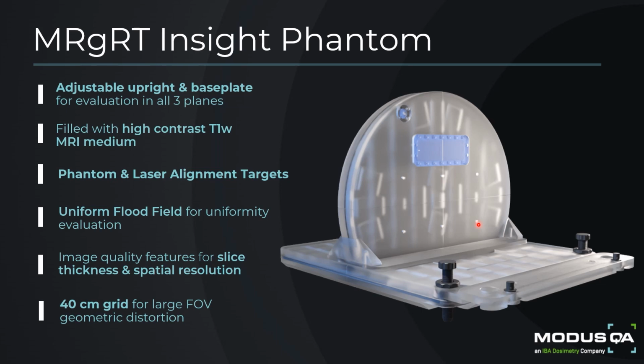This is occurring because the upright here can be moved into an axial orientation, which provides you all the necessary performance metrics across the axial plane, or you can rotate it 90 degrees this way to record sagittal information. Likewise, the baseplate will also provide you with any coronal data, as all the image quality structures found in the upright are equally built into the baseplate here as well.